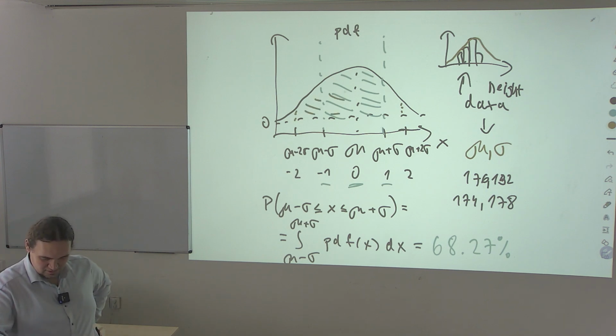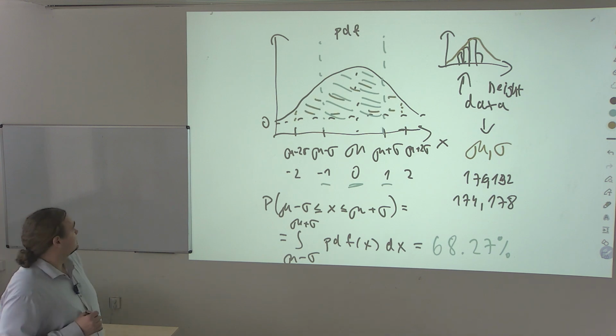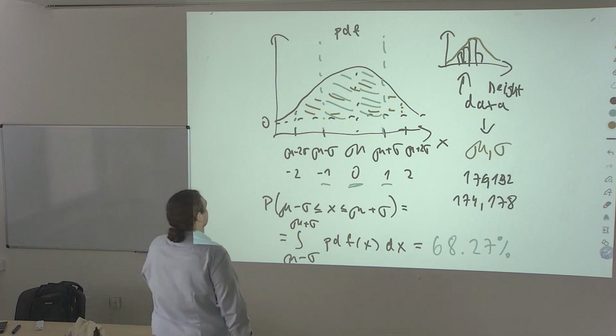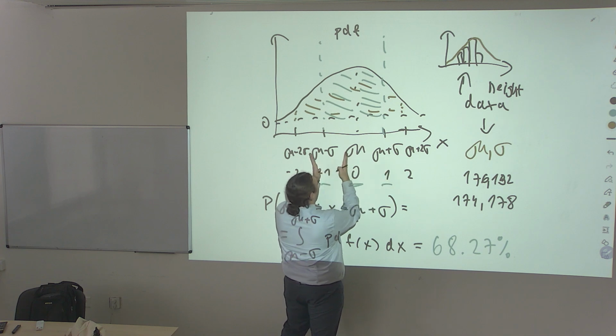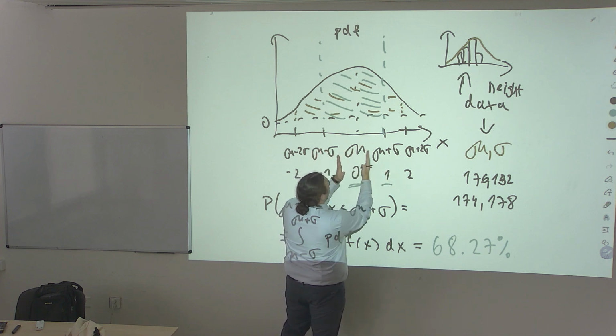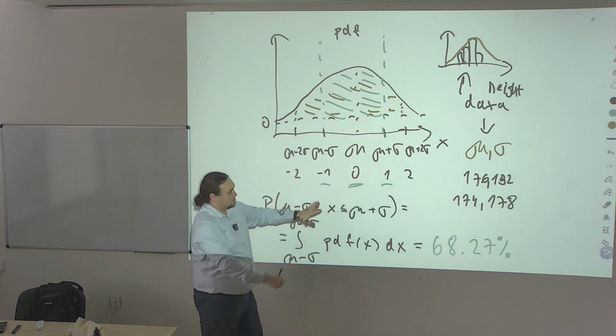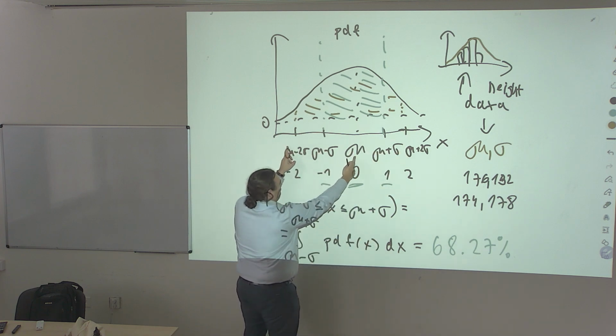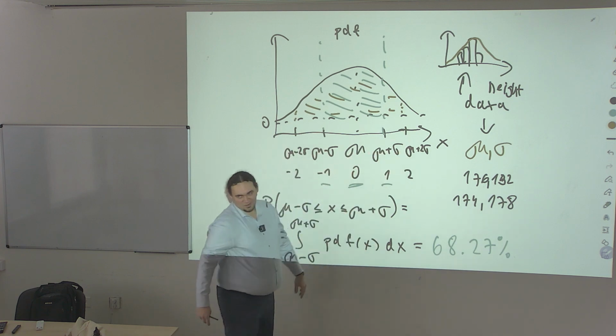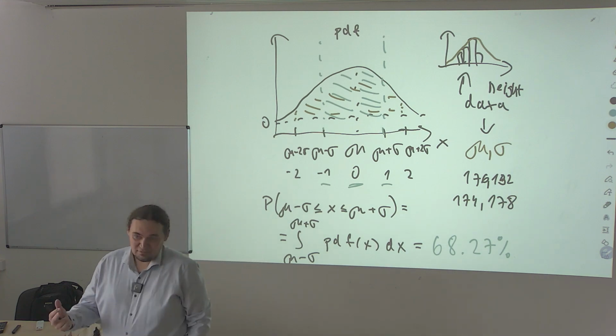Maybe I drew this picture intentionally that way, it already starts to suggest this: the probability in this 1 sigma band, plus minus 1 sigma, is 68%. If we extend to 2 sigma, then already 95%.